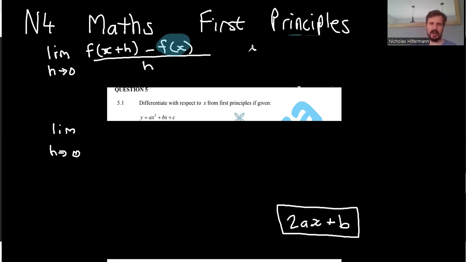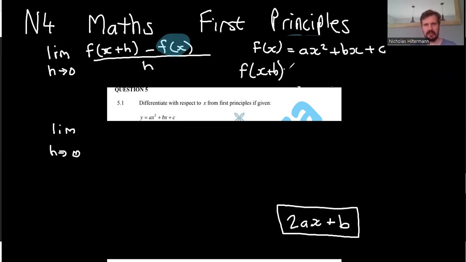So this is my y, is my f of x. So f of x, ax squared plus bx plus c, f of x plus h is a(x plus h) squared plus b(x plus h) plus c.